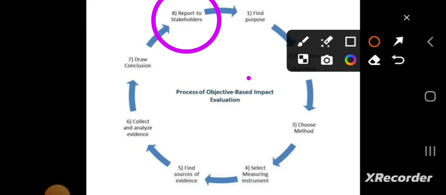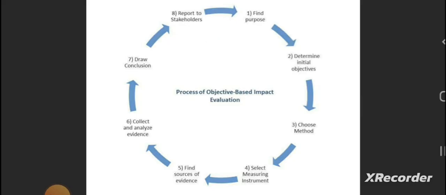Prepare a comprehensive report that communicates the findings, conclusions, and recommendations to stakeholders. This report should be clear, concise, and tailored to the audience's interest and needs. This structured approach ensures that the evaluation is thorough, systematic, and focused on providing valuable insight to stakeholders about the impact of their initiatives.